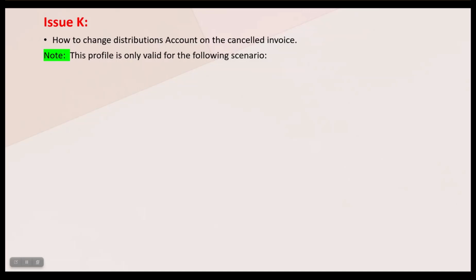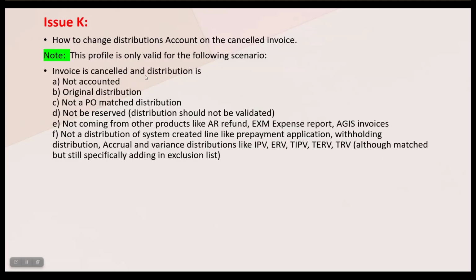This profile option is only valid for the following conditions. The invoice is cancelled and the distribution is not accounted, is an original distribution, not a PO matched distribution, not reserved, and not coming from other products like AR refund, expense report, EGIS invoicing, or any other legacy systems.